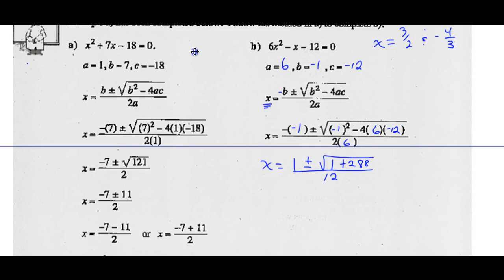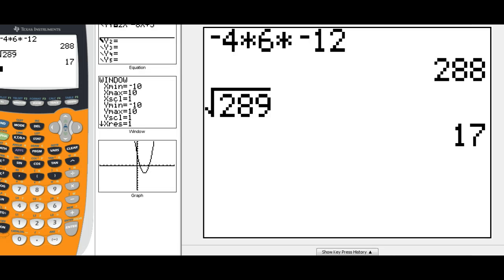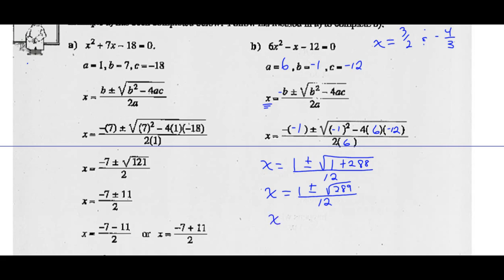All right, so simplify the radical: 1 plus or minus the square root of 289 all over 12. So you go to your calculator, find out the square root of 289 is 17. So x equals 1 plus or minus 17 all over 12.